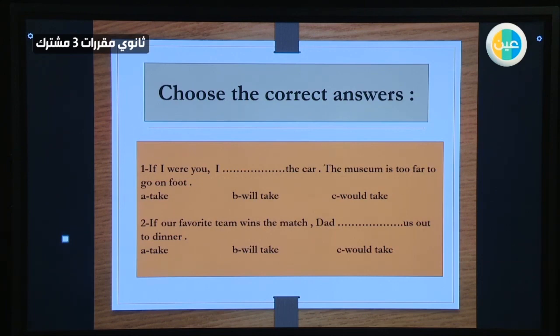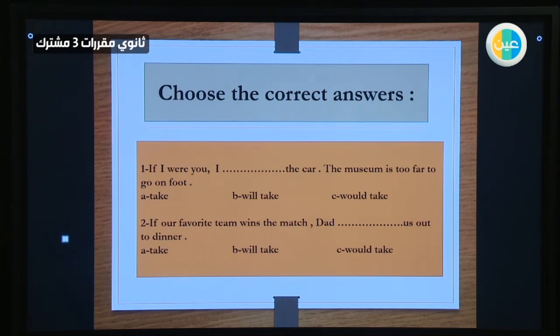Now look at this sentence, try to determine if it is type 1, type 2 or 0, because we have 3 kinds. For type 0, what are we going to use? If present, present. Like when we say, if you heat ice, it melts. General truth. Type 1, when I say if, present, will or can or imperative.